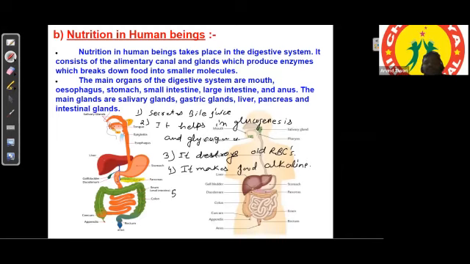The next one you can say it controls metabolic activities. So it controls nearly about 500 metabolic activities. Then it also performs the function of production of cholesterol.